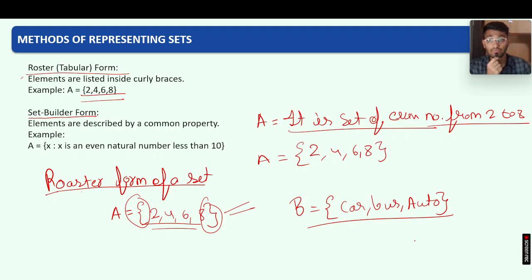Now there is another way to define set builder form.